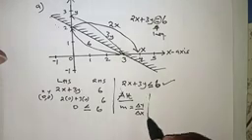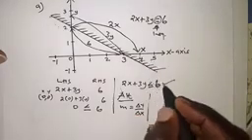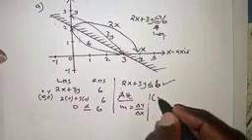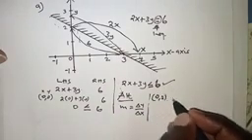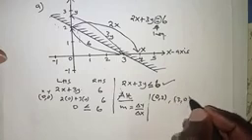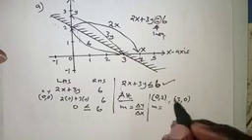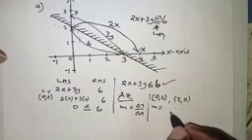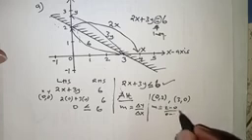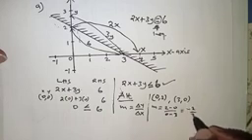First of all, we have 2 points on the line: at the y-intercept we have point (0, 2), and at the x-intercept we have (3, 0). So the gradient becomes change in y over change in x, so that is 2 minus 0 all over 0 minus 3, and that should give us negative 2 over 3.